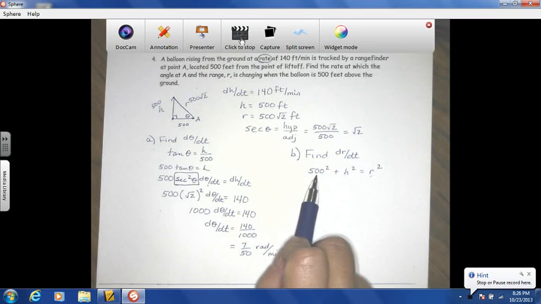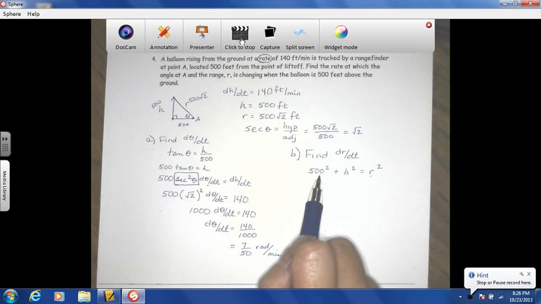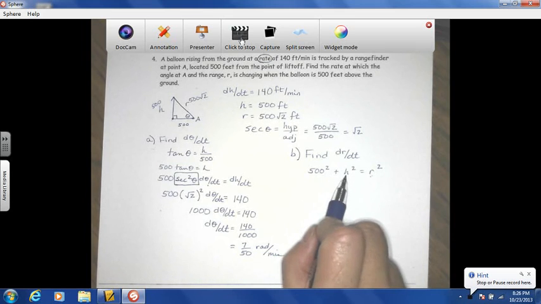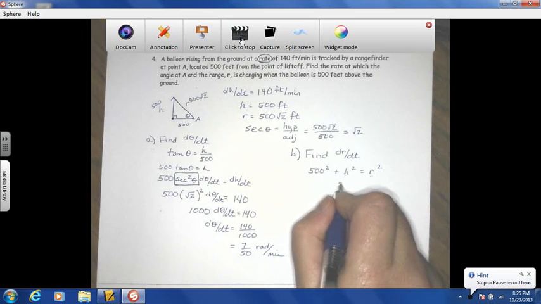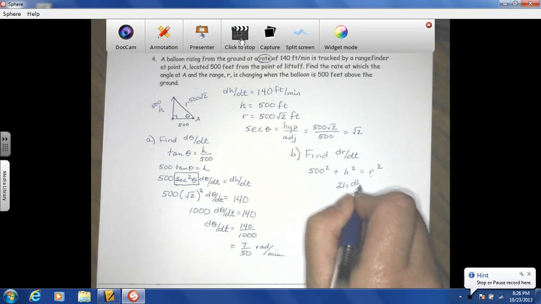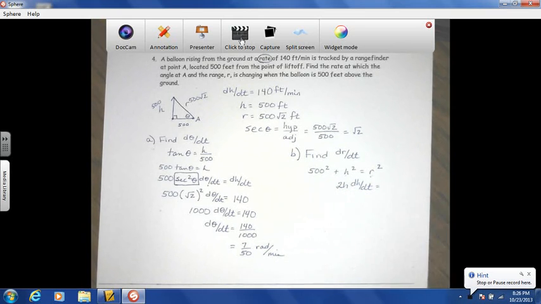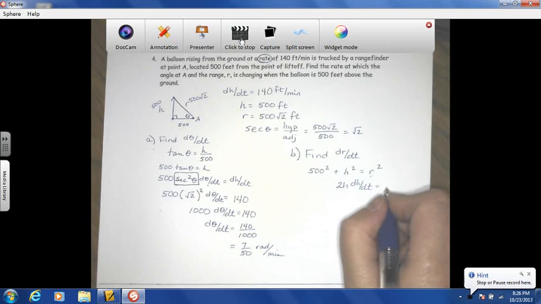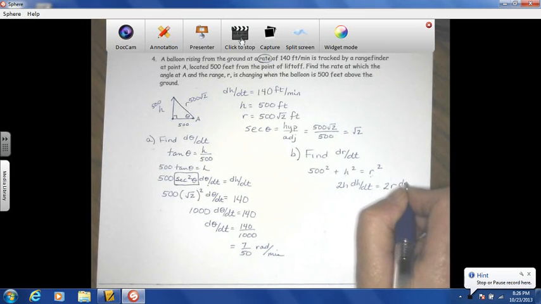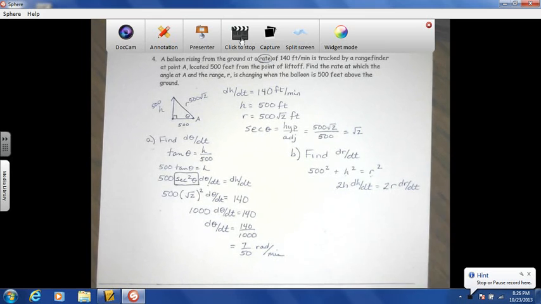So we need those in there until after we take the derivative. Now for this one, 500 squared. 500 is a constant. A constant squared is still a constant, and the derivative of that would be 0. The derivative of h squared is 2h dh dt, and the derivative of r squared is 2r dr dt. Now I can come in here and divide both sides of the equation by 2.